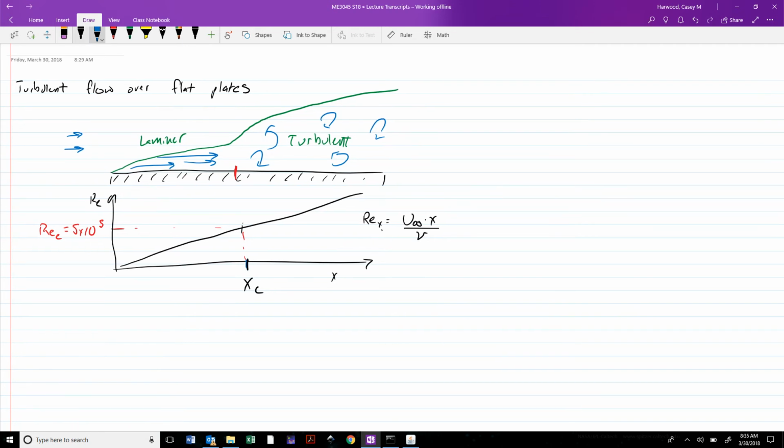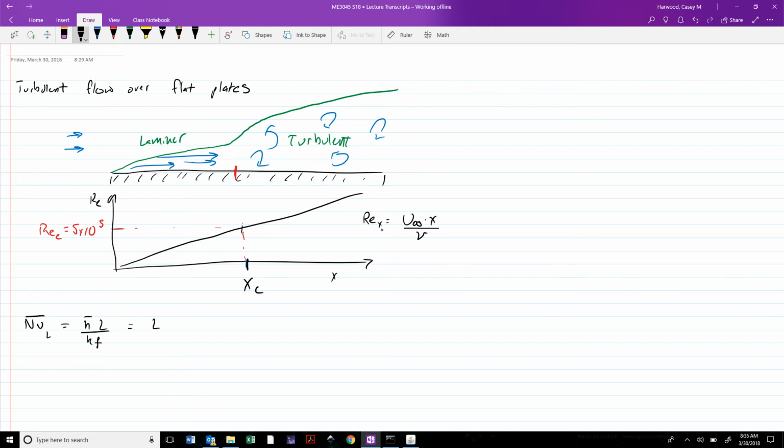We got that by saying that the overall Nusselt number over length L is defined as h bar times L over k_f.